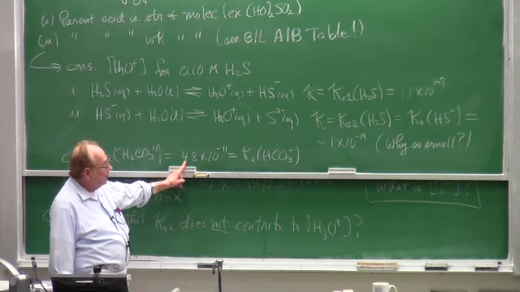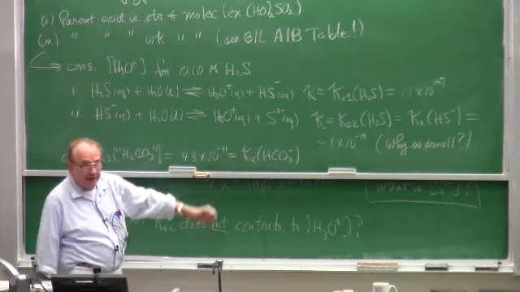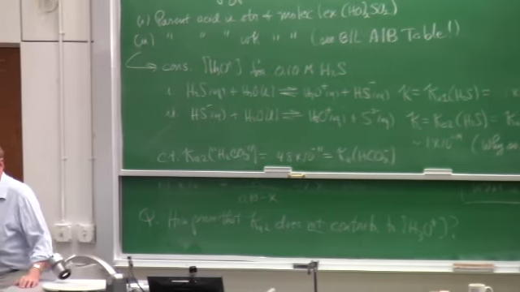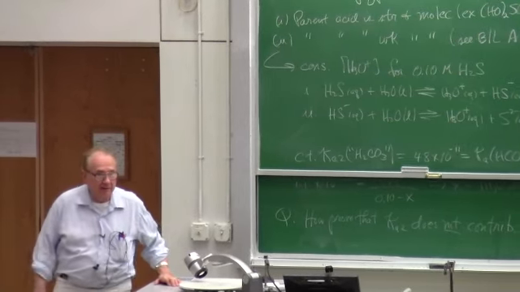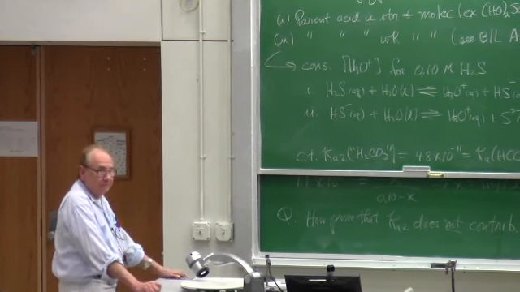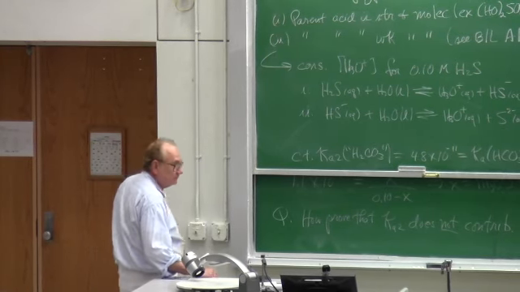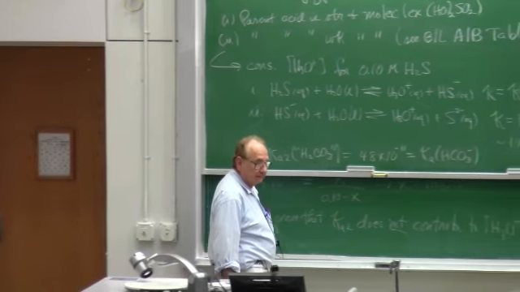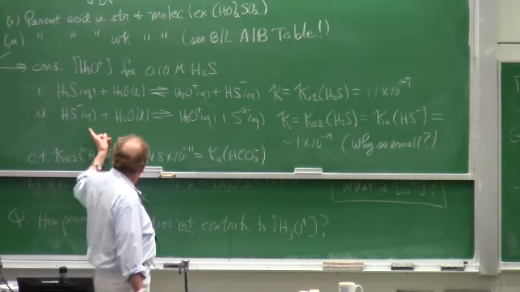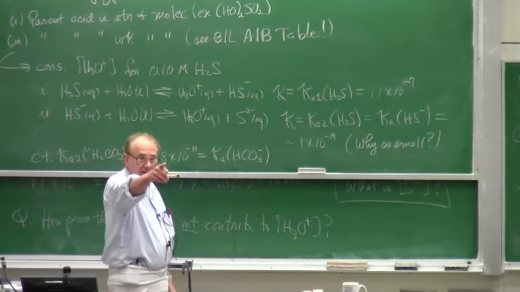This number is over 10 to the 8th bigger than that number. Hey, that's 100 million. That's a lot bigger. Why? Why is Ka for hydrogen carbonate ion so much bigger than Ka for HS minus?